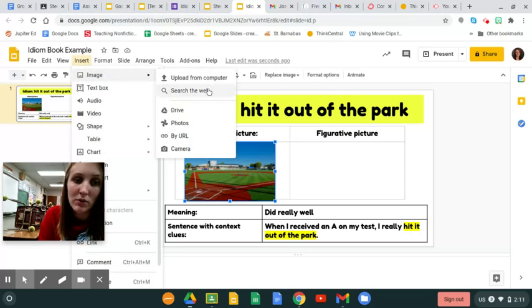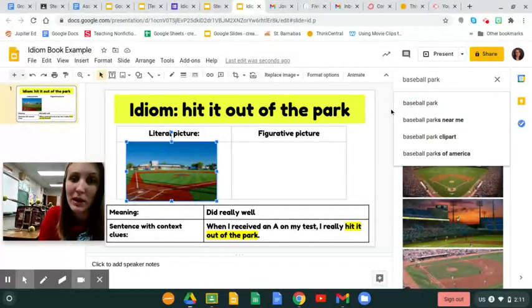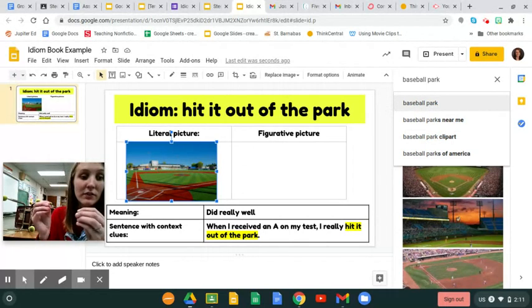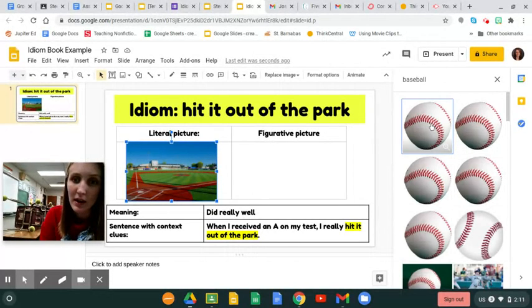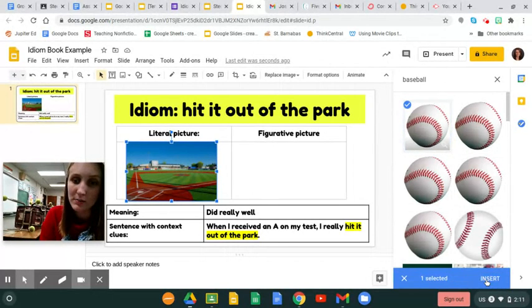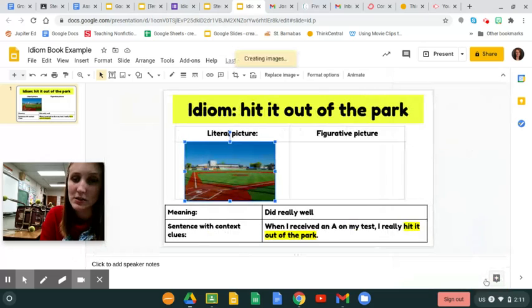And I want for you, when you're making these pictures, to kind of combine pictures together. So I'm going to look for, and it doesn't have to be anything super complicated. I'm going to add a baseball onto my picture by pressing the baseball and pressing insert.